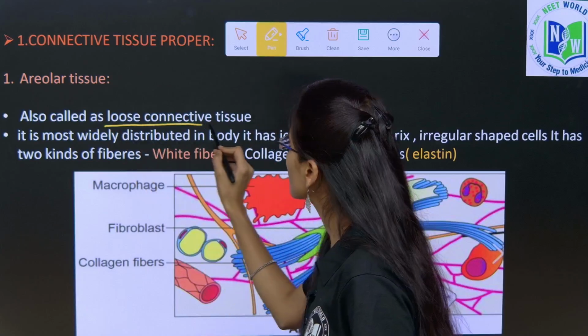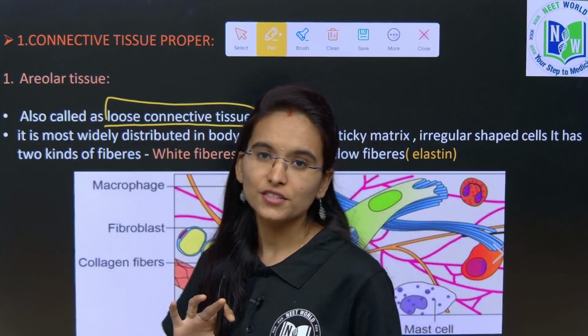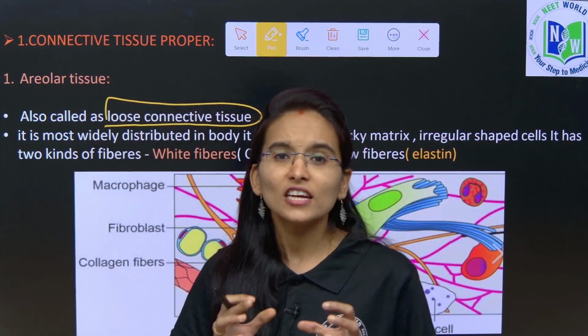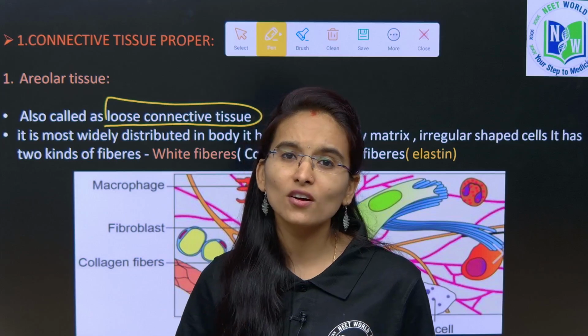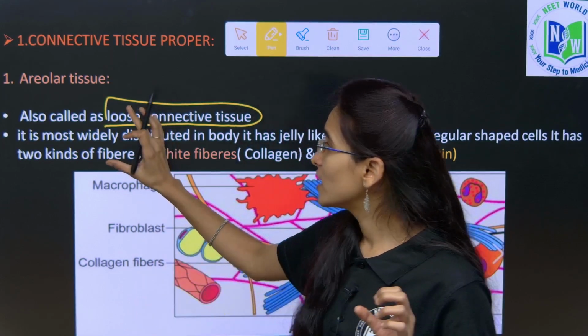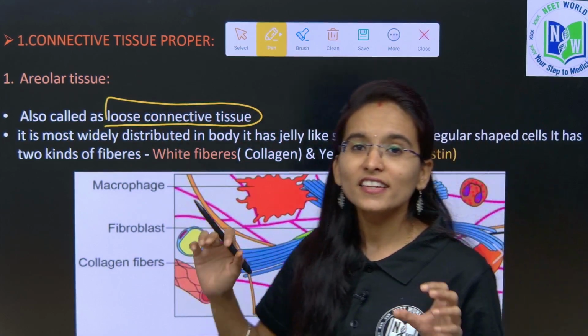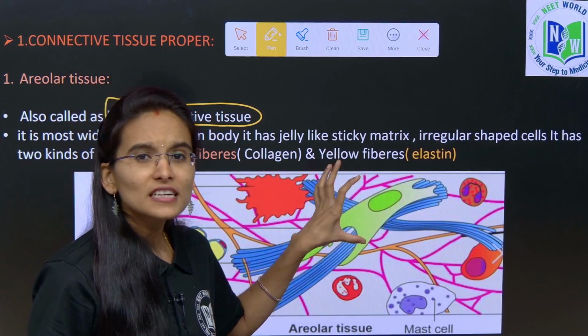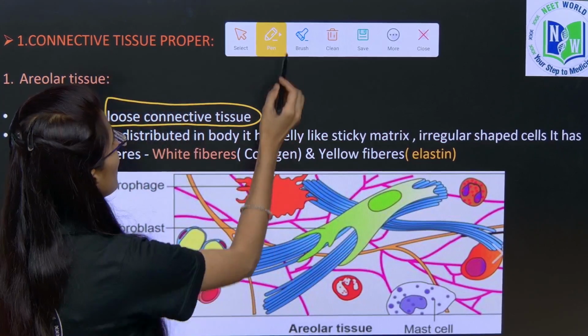In the areolar tissue we find irregular shaped cells, different shaped cells, and the areolar connective tissue contains a fluid filled substance called matrix.